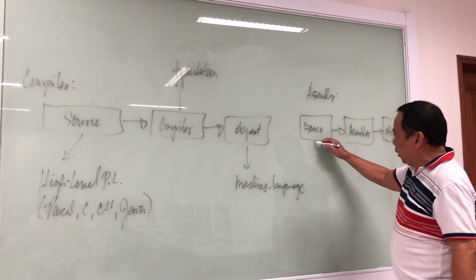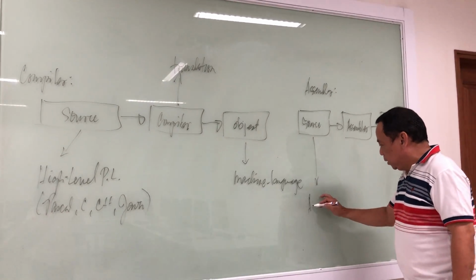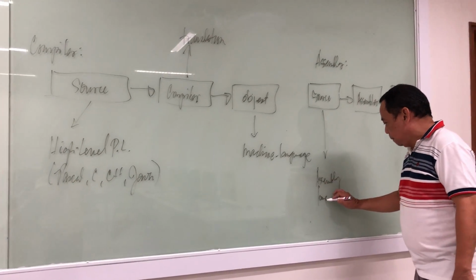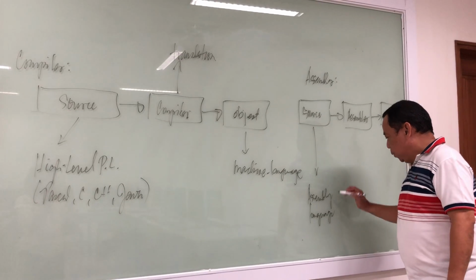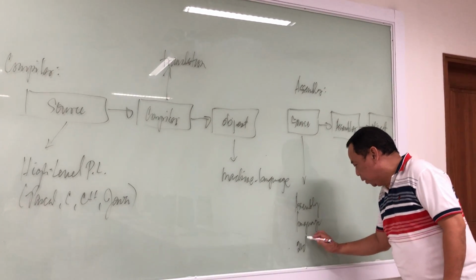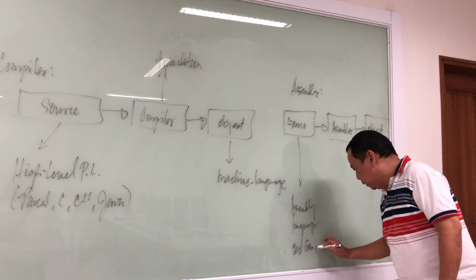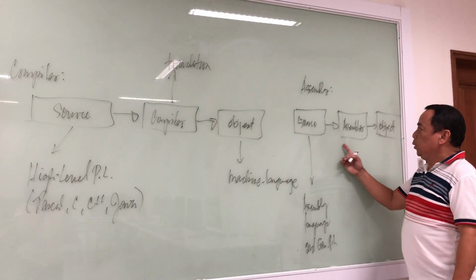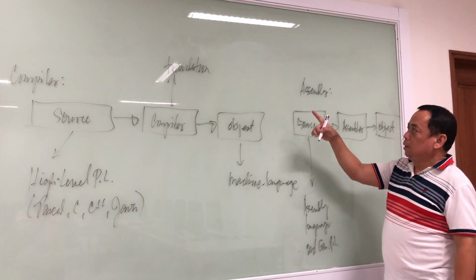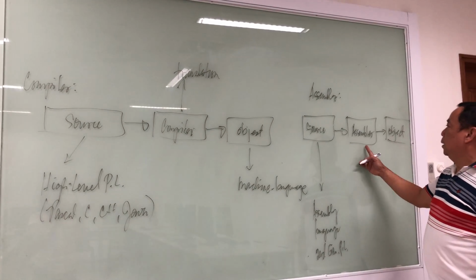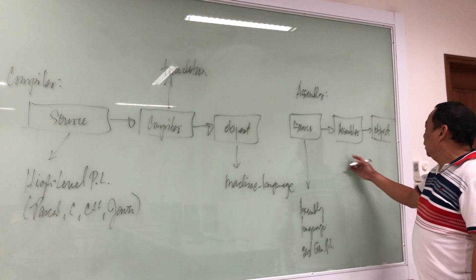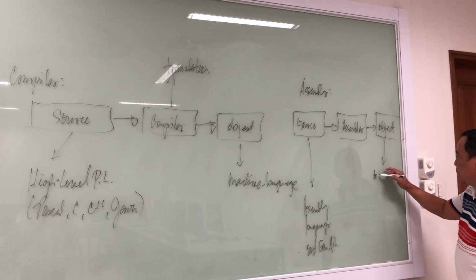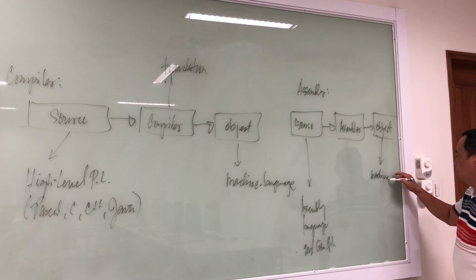The source program is written in a language we call assembly language, which is a second generation programming language. And the process that will take place is what we call assembling, or it is taken care of by the assembler. And the same objective, the target is the object, which is also expressed in machine language.